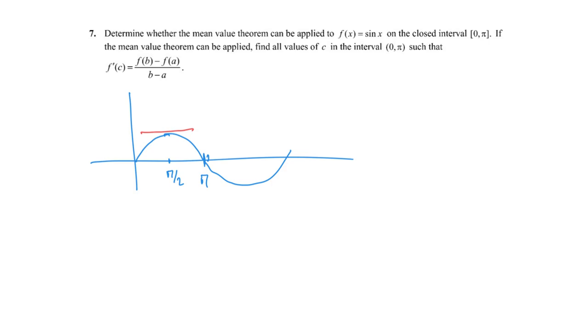Okay, how will we answer this question? The mean value theorem says like this. If you have a function, let's say this function.